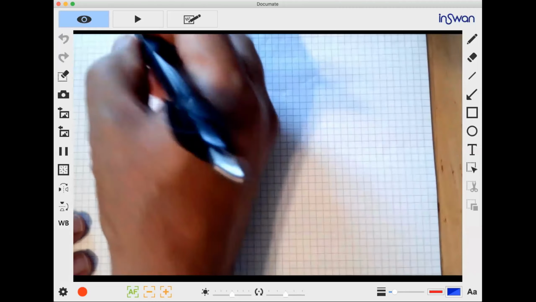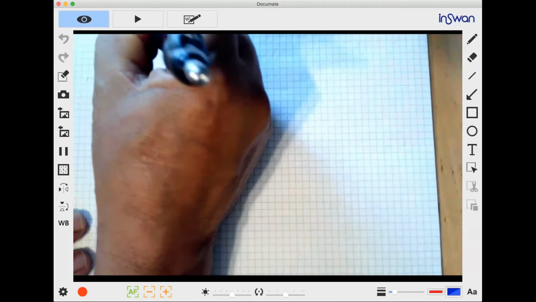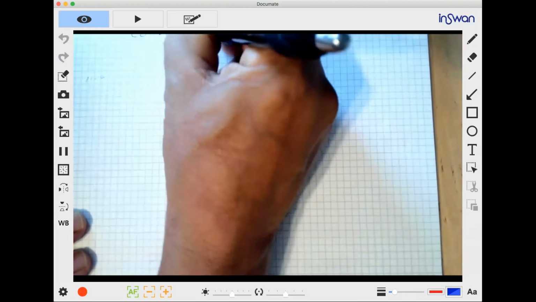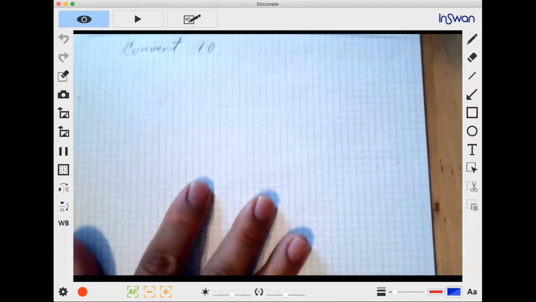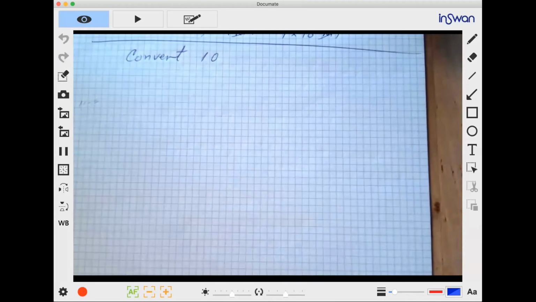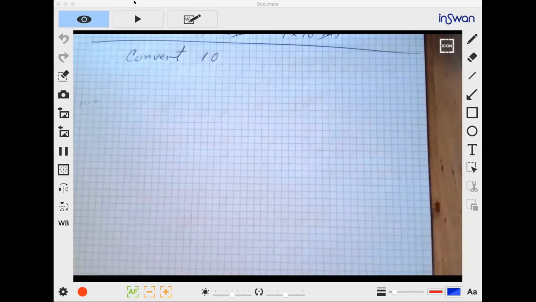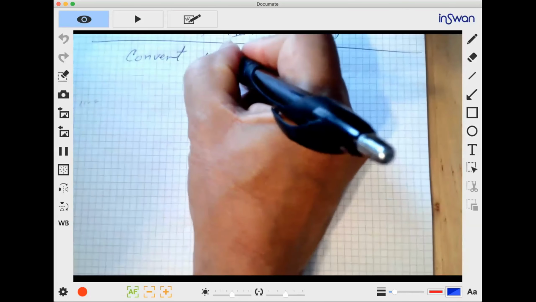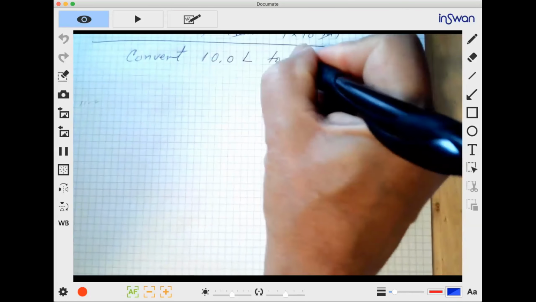Okay, so we need to convert 10.0 liters to quarts.